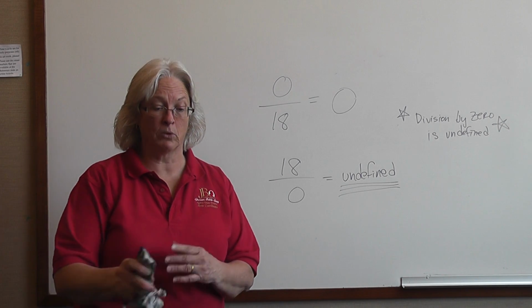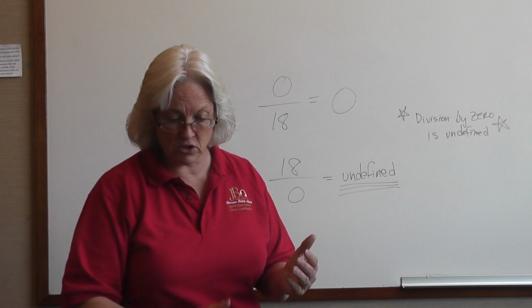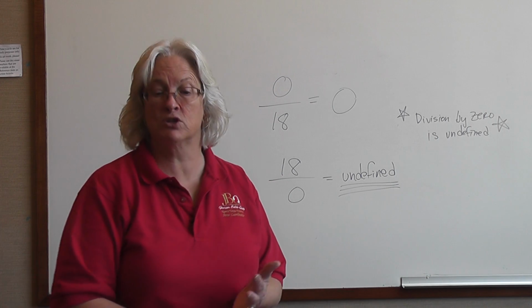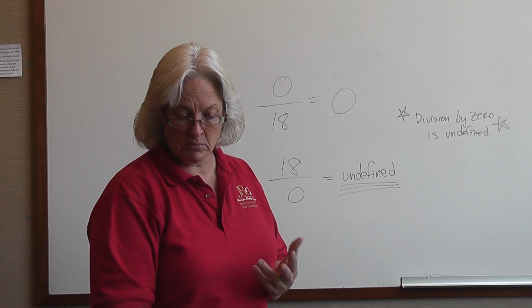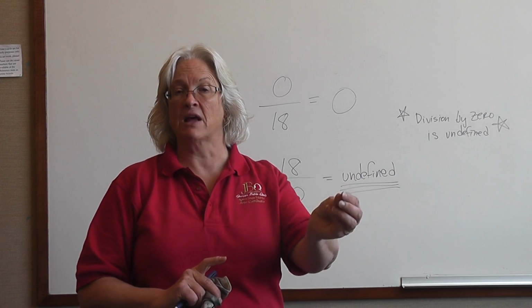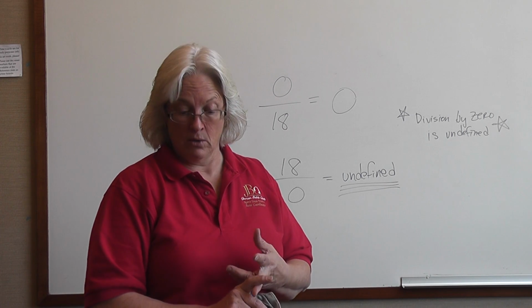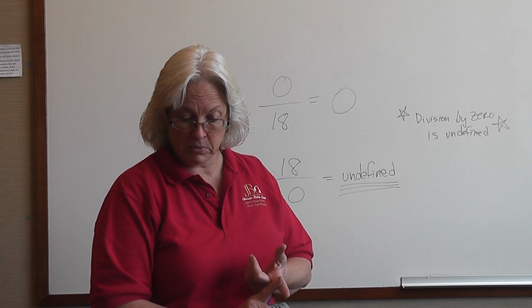So now that's one more property. You've got the commutative property of addition and multiplication. You have the associative property of division and addition and multiplication. You have the identity property for addition. That's to add 0. You have the identity property of multiplication, which is to multiply by 1.